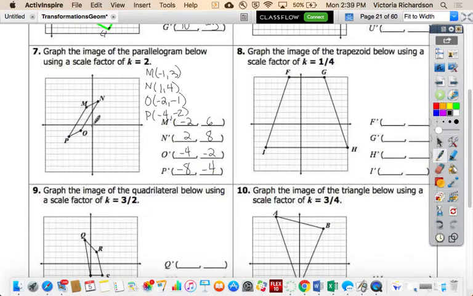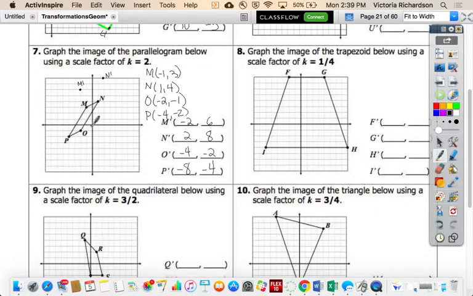Negative 2, 6, you go 2 to the left, and up 1, 2, 3, 4, 5, 6. N is 2, 8, so over 2 and up 1, 2, 3, 4, 5, 6, 7, 8. It's N prime.